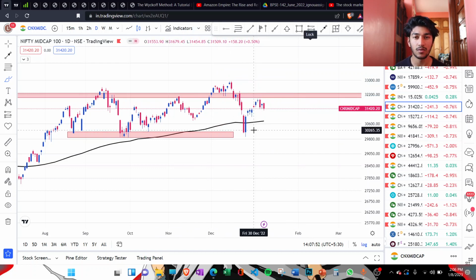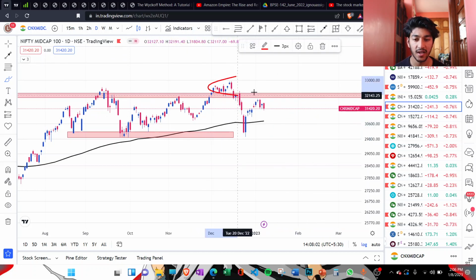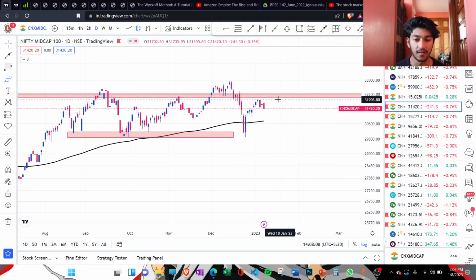In the last video also, I talked about the correction. There I told you that the mid cap and the small cap are moving in a range. It tried to break that, but there was no follow-up, and again it came back in the range, and now it is again facing resistance at this level, around 31,900 to 32,200.